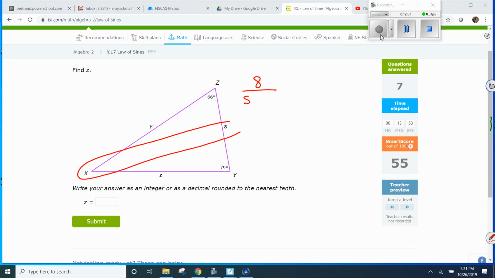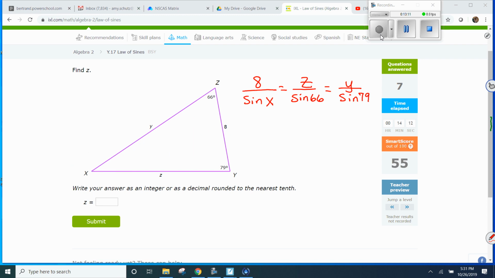So you have 8 over the sine of x, and then you have z over the sine of 66 is equal to y over the sine of 79.